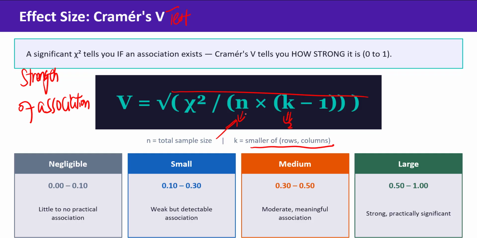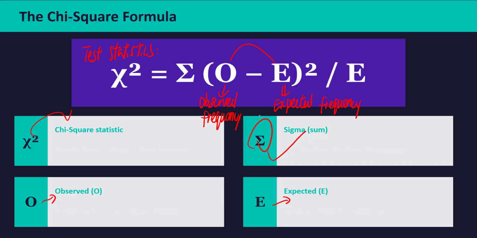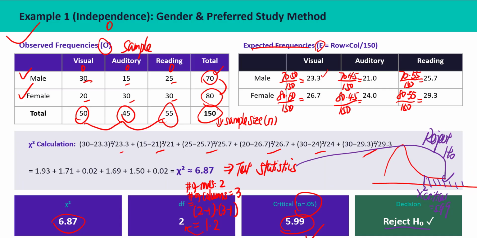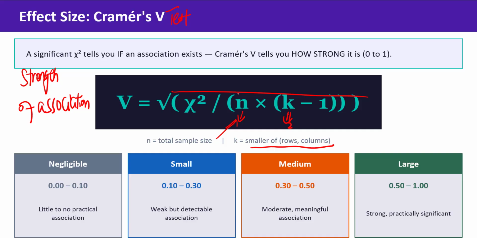The sample size here is 150. We apply the formula: chi-square is 6.87, so the square root of 6.87 over 150 times 1, and it turned out to be approximately 0.14.